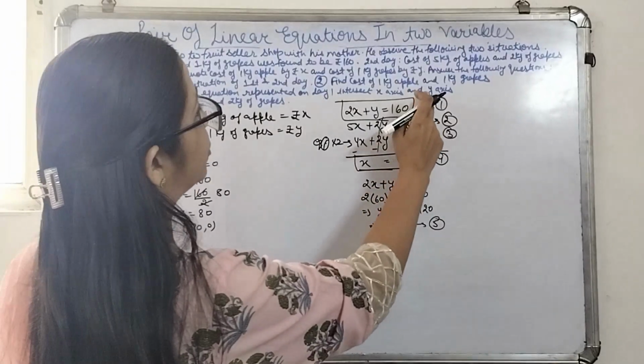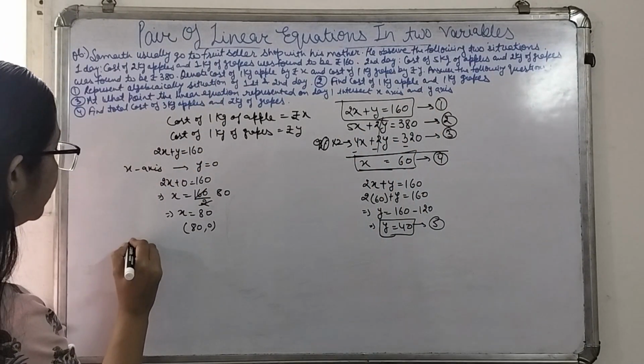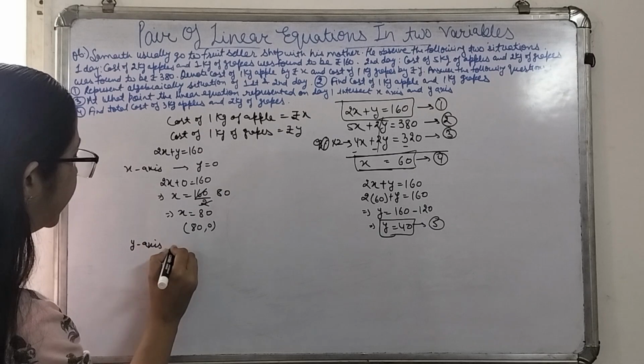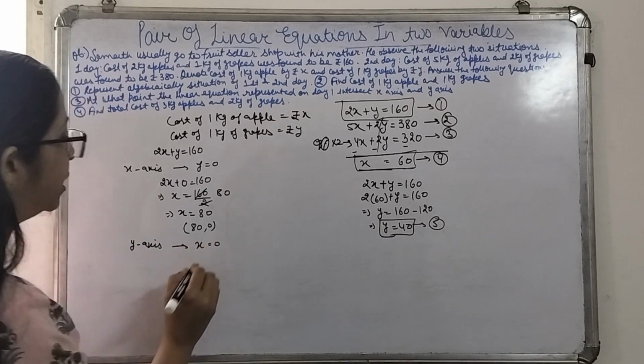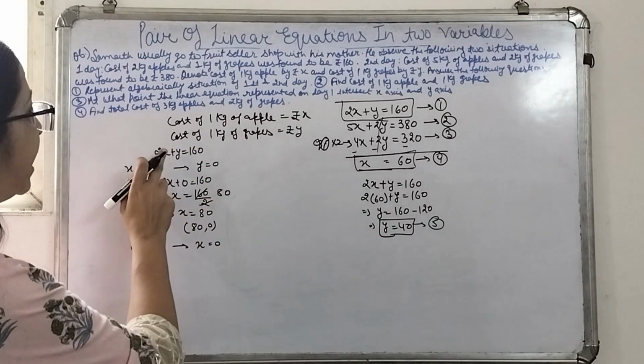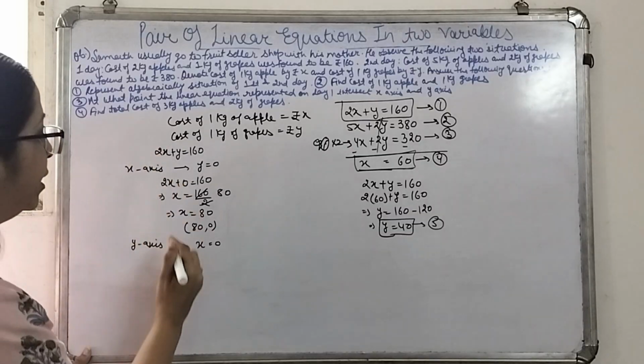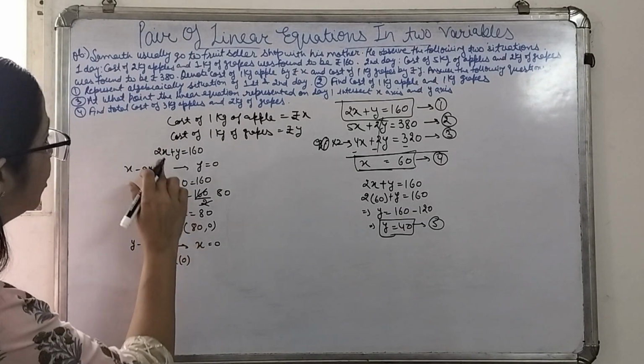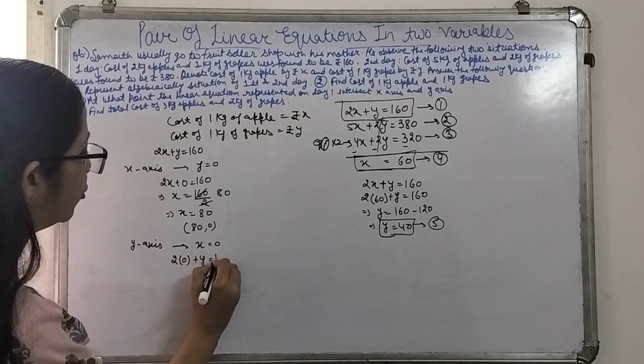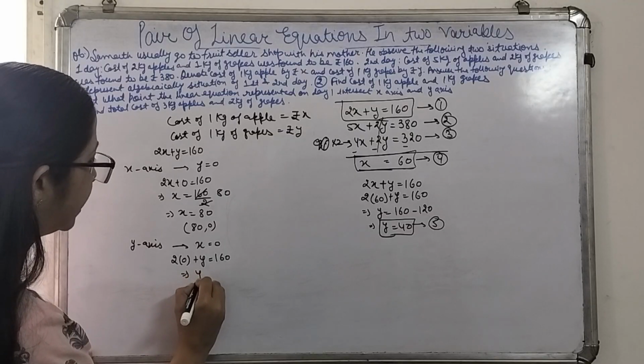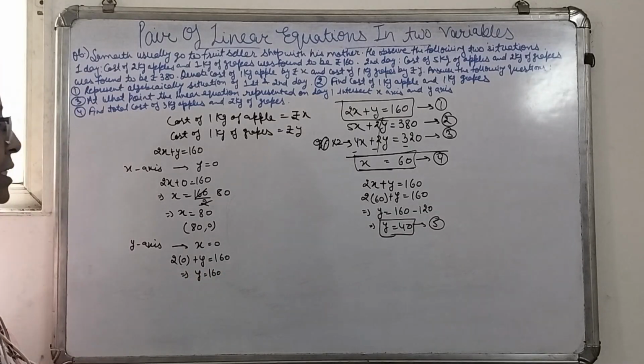Now where is it going to touch the y-axis? If it touches the y-axis, its x-coordinate will be 0. If we put x equal to 0 in this equation, it will become 2 multiplied by 0 plus y is equal to 160, or we can say y is equal to 160.